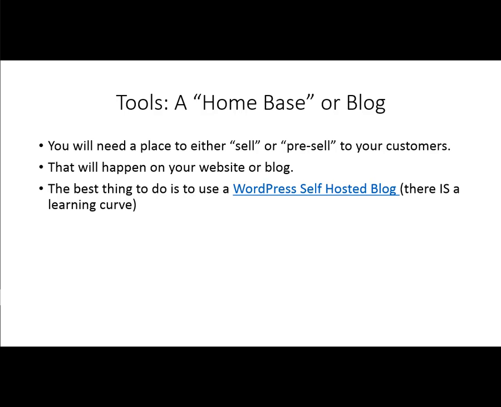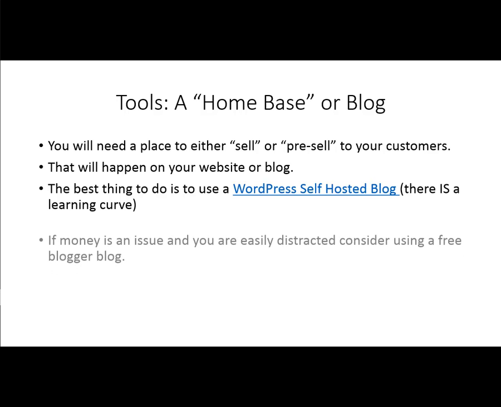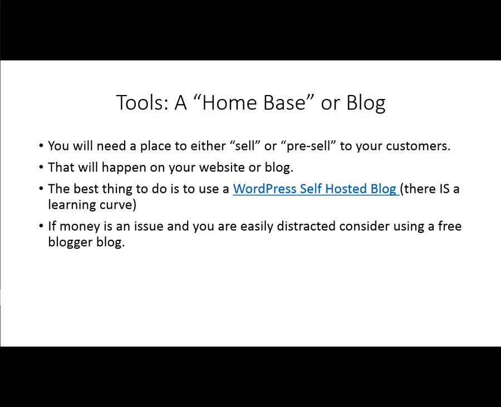It is the way that you're going to have a website that you can adapt to different changes in business models and to different kinds of visitors. So you can do a lot more with a WordPress blog than you can with any free solution. That being said, if you are easily distracted, consider using a free Blogger blog. And I'm going to show you how to do that right now.